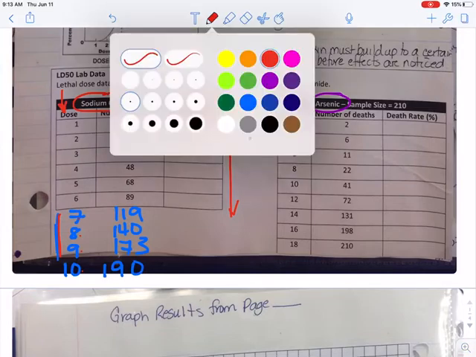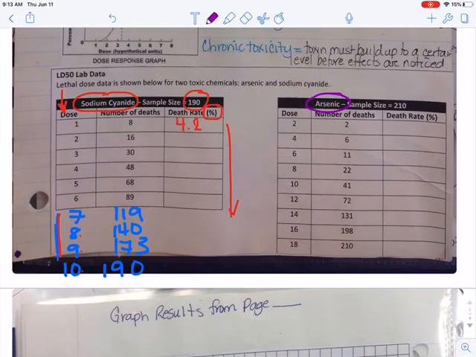Okay, so now I'm going to do a death rate calculation for arsenic. And so the sample size for arsenic is 210. So this is why we have to pay close attention. And we have different dose values as well. And that'll become important when we do our graph.